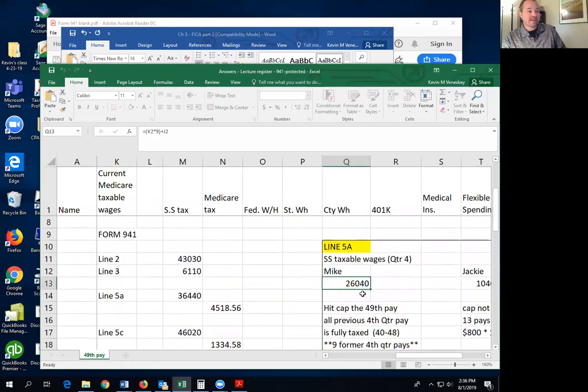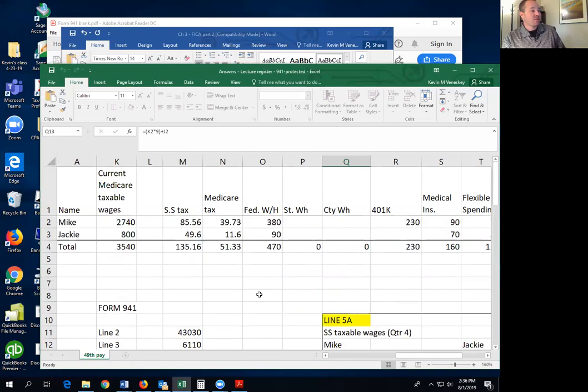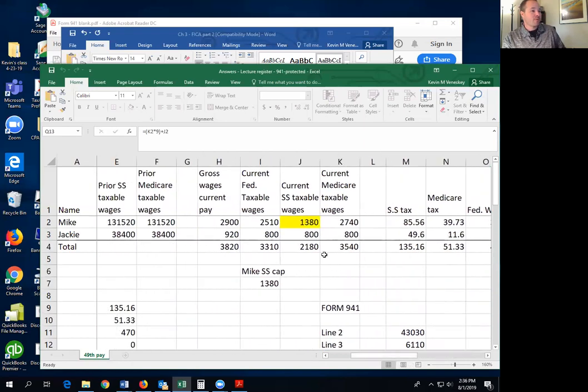So that's how I got it, and you can follow the formula if you want. I took K2, this is how much he made before he hit the cap, times 9, and then added in his current Social Security wages.